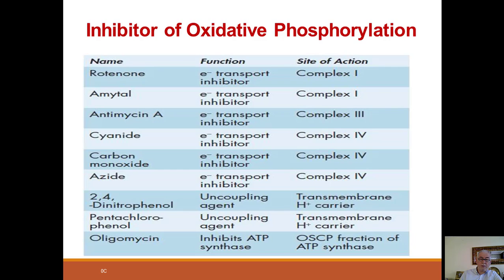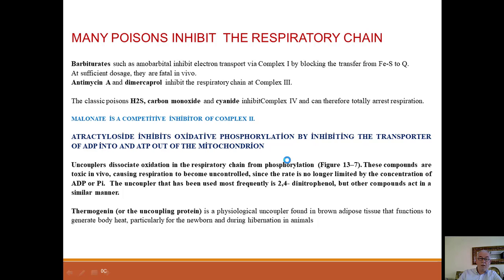Oligomycin inhibits ATP synthase, another important inhibitor in oxidative phosphorylation. Malonate is a competitive inhibitor of complex 2, and atractyloside inhibits oxidative phosphorylation by inhibiting the transporter of ADP into and ATP out of the mitochondria.